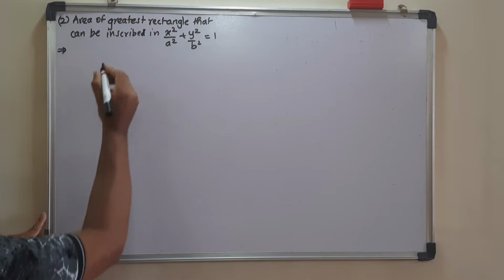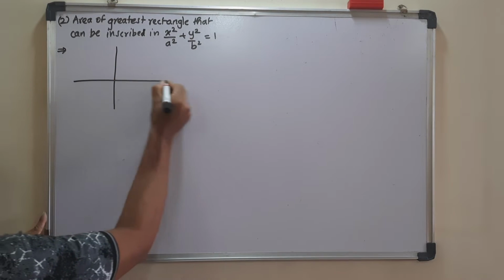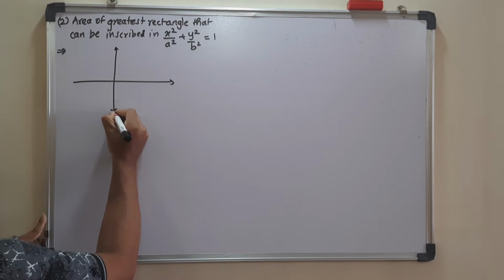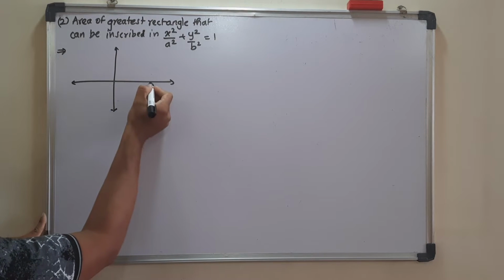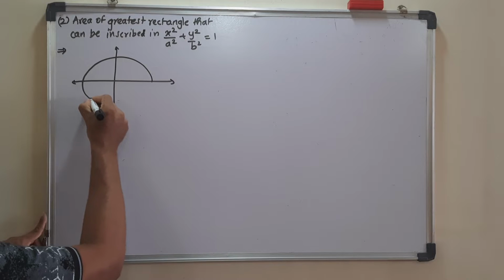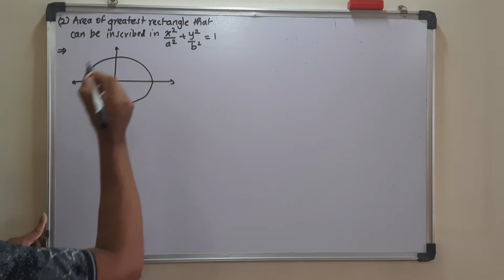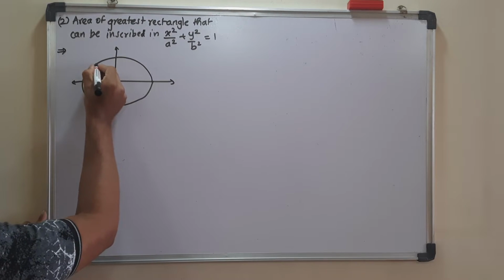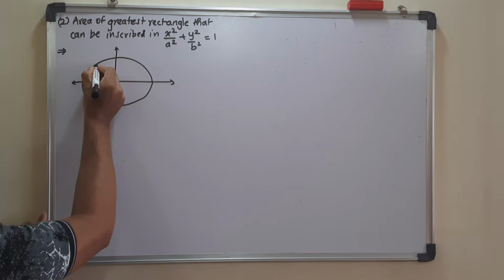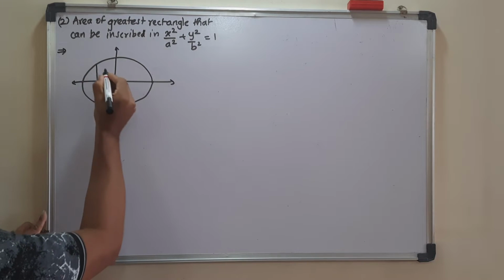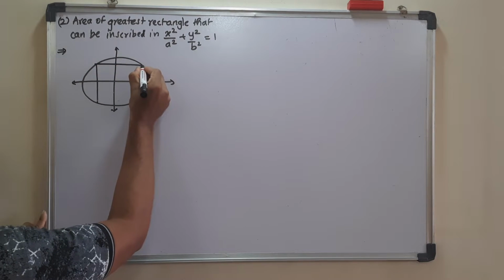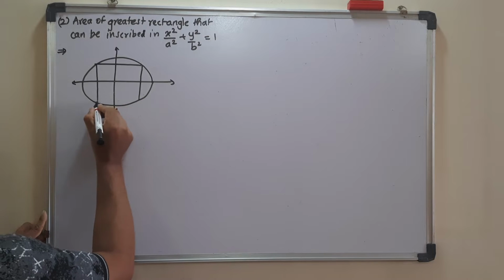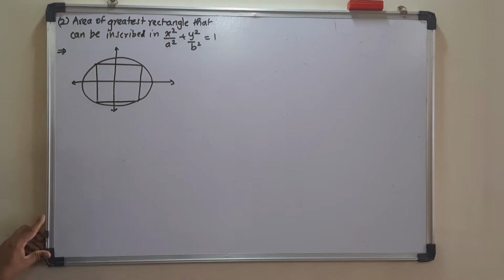This will be my coordinate axis, that is the axis which we select for the ellipse, and this is your ellipse. The greatest rectangle that will be inscribed will be somewhat like this. Agreed?